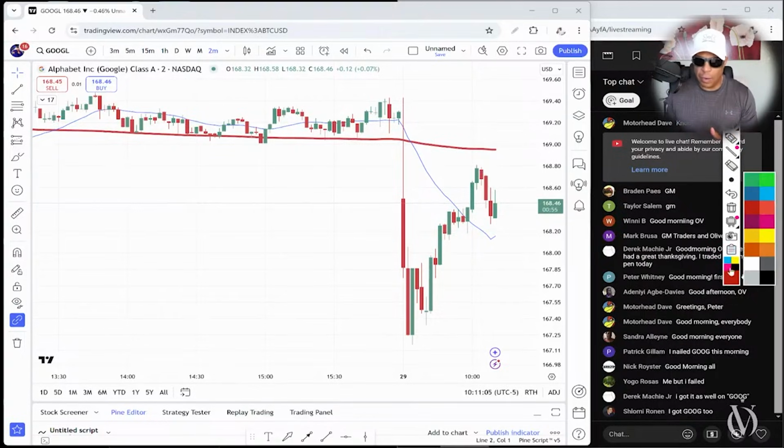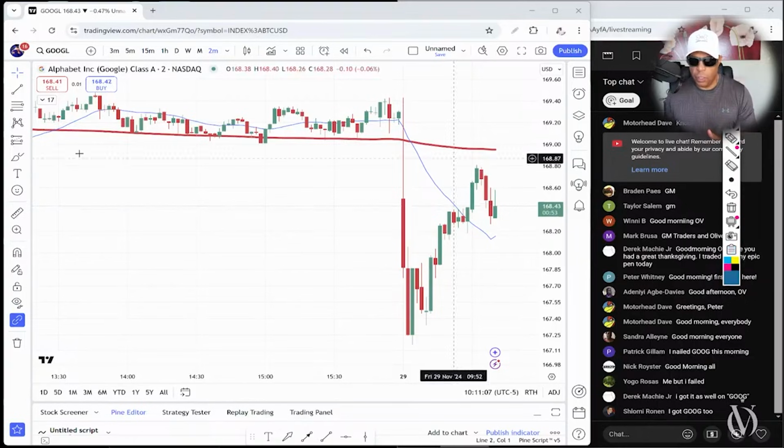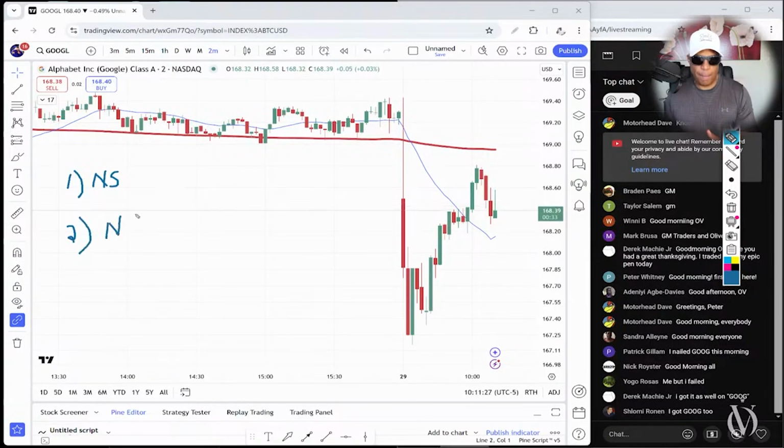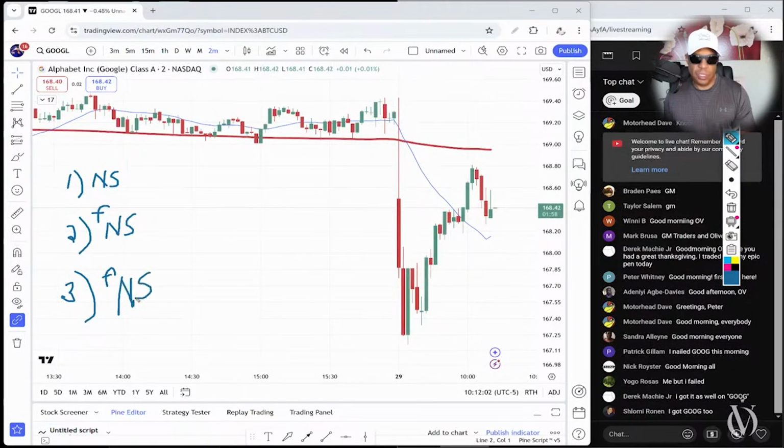So in your narrow states, you've got this order. You've got the narrow state, and then the second version, the flat narrow state, where the moving averages are flat. And then you have the flat narrow state with a pop.